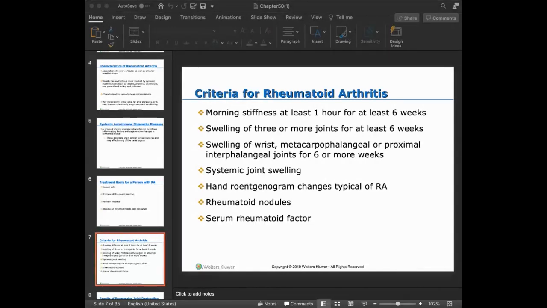And so one of the theories that comes out in this book is that O.J. Simpson has rheumatoid arthritis, and it causes swelling, this swelling that we just talked about of the wrist, the metacarpal joints, and the proximal interphalangeal joint. So it causes his hands and fingers to swell. So the theory that's presented in the book is that he stops taking his anti-inflammatory medication for his rheumatoid arthritis, which allows his hands to swell so that they no longer fit into the gloves.